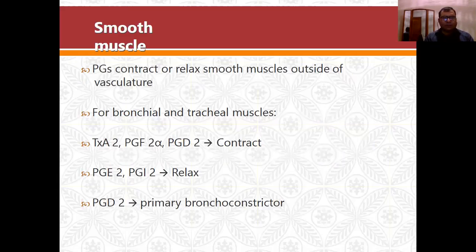For bronchial and tracheal muscles, thromboxane A2, prostaglandin F2A, and prostaglandin D2 contract; prostaglandin E2 and prostaglandin I2 relax. Prostaglandin D2 is the primary bronchoconstrictor.